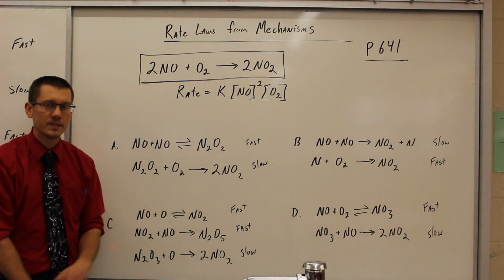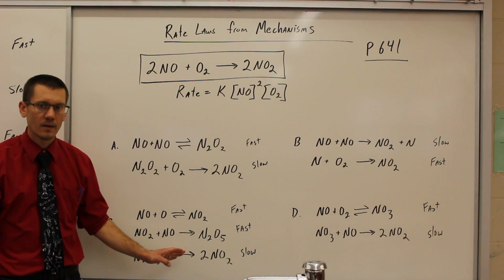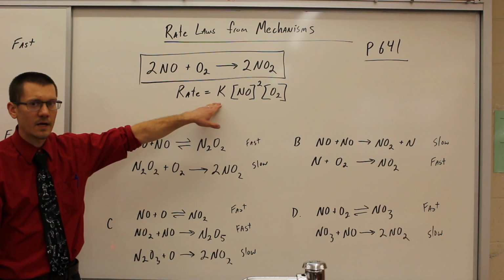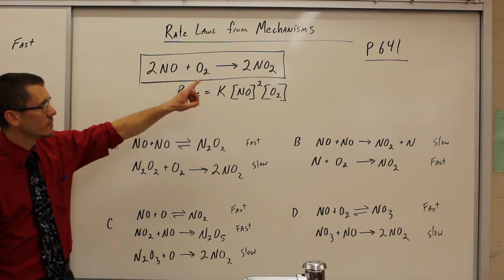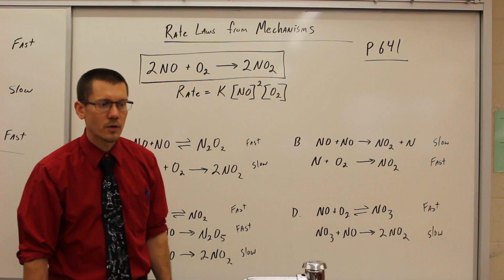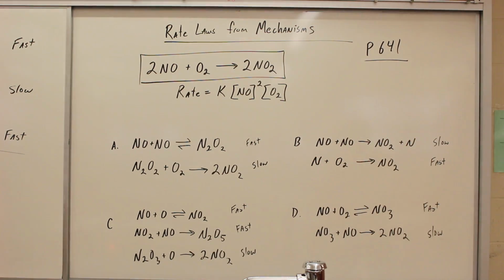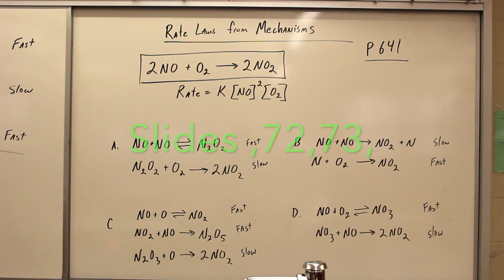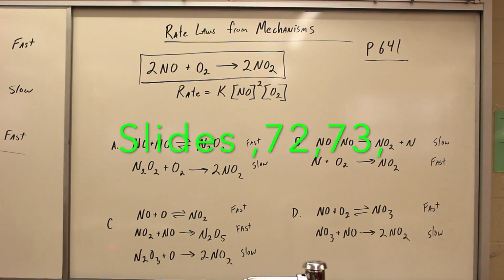We can also look at different proposed mechanisms and determine if they justify the observed rate law. So this is the example on page 641 in your textbook. It's also in the slides 72 and 73.